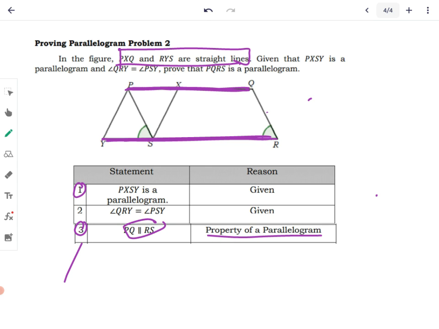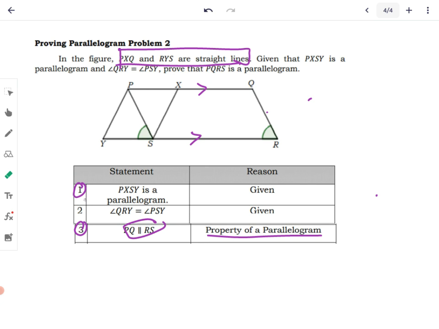That's a property of a parallelogram: opposite sides are parallel. The marking is wrong, but parallel, arrow.